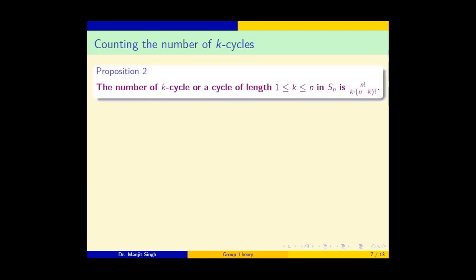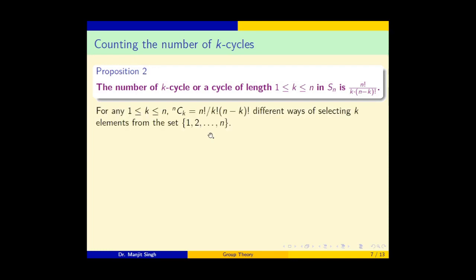Now this is interesting: counting of cycles. The number of k-cycles, or cycles of length k, in Sn is n factorial upon k into (n minus k) factorial.